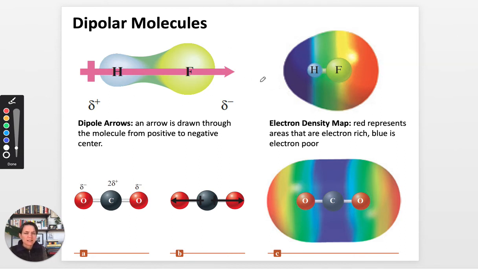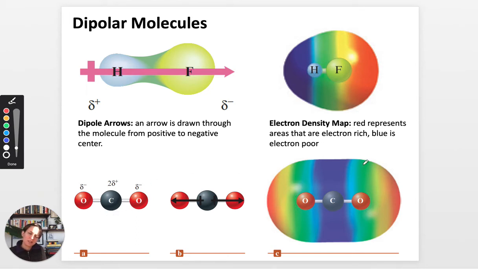Okay, well, it's not just as simple as evaluating the difference in electronegativity between two species, because we do have situations where, like we have down here, you have carbon being bound to oxygen on either side. So this is a symmetrical molecule.